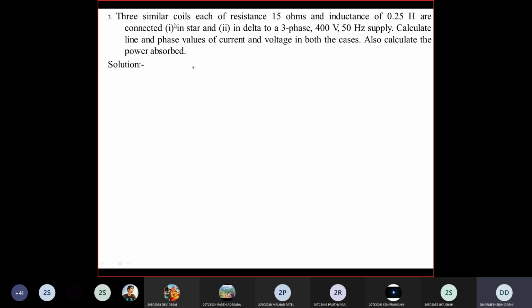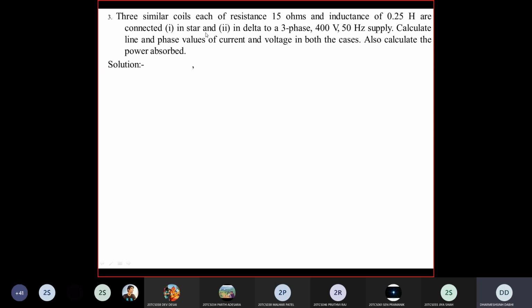Now, first, all the three coils are connected in star fashion. For the star connected load, first calculate line and phase values of current and voltage in both cases.